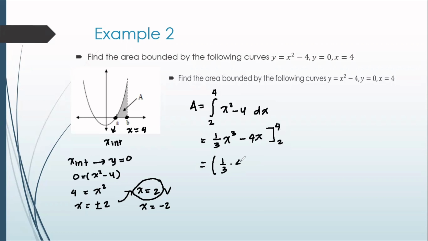So we can calculate the definite integral for this one. 1 over 3 times 4 cubed minus 4 times 4, minus 1 over 3 times 2 cubed minus 4 times 2, is equal to, let's find the result.